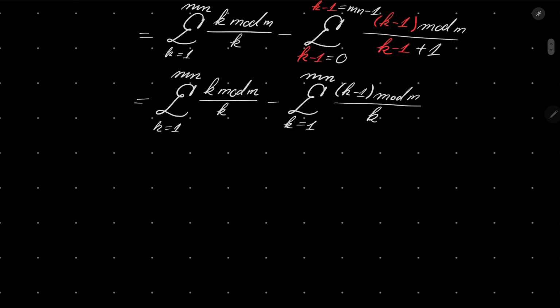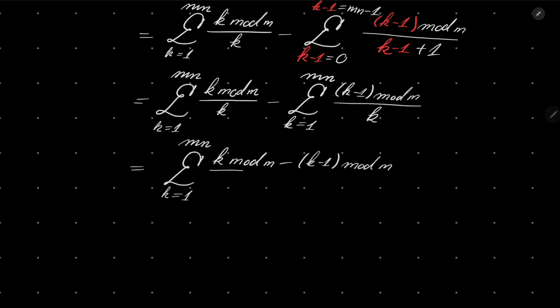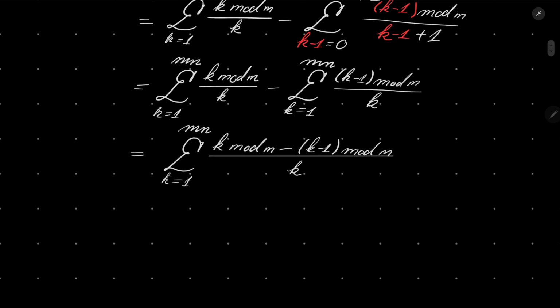And after all of that, we can combine these two sums again into one sum. In the numerator, we have k modulo m minus (k minus 1) modulo m, all over k. Very well.